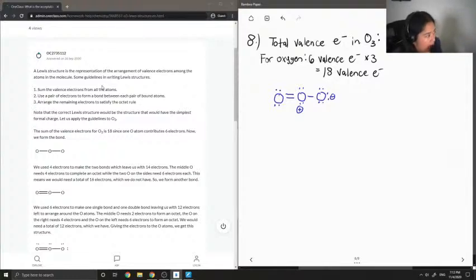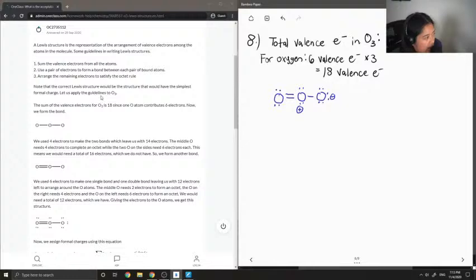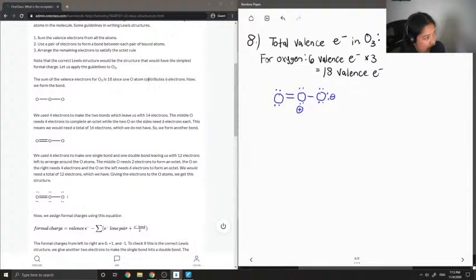So note that the correct Lewis structure would be the structure that would have the simplest formal charge. Let's apply the guidelines to ozone. The sum of the valence electrons for ozone is 18, since one atom contributes 6 electrons.